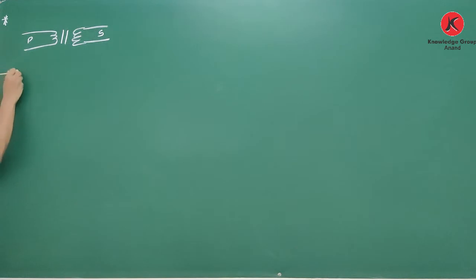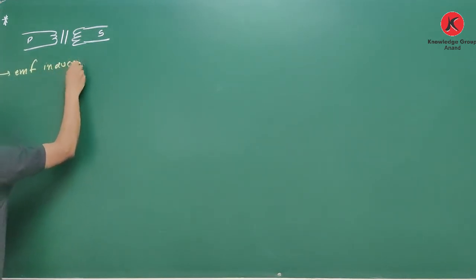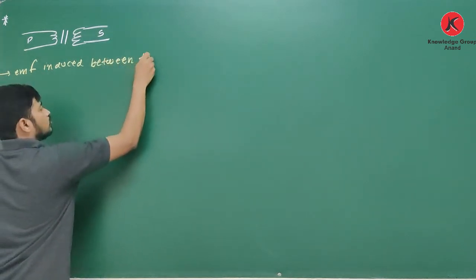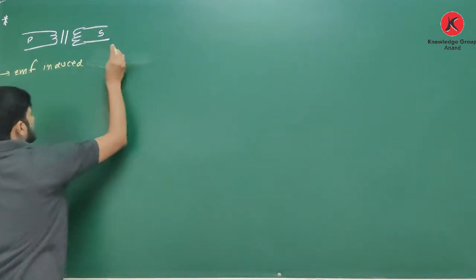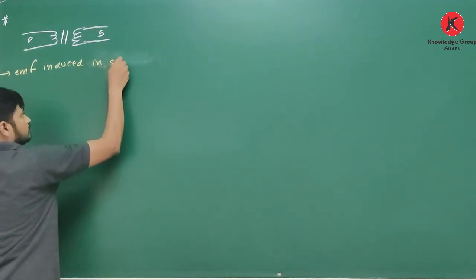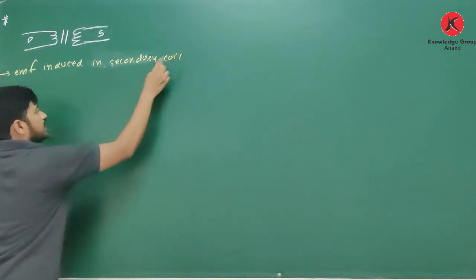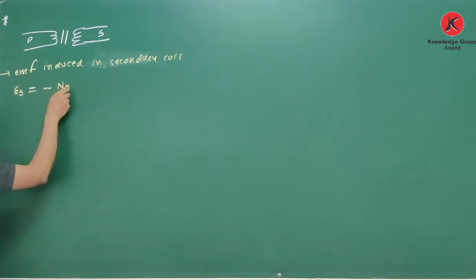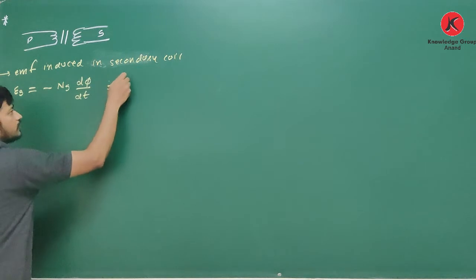Okay. So yes, EMF induced in secondary coil, that is ES is equal to minus NS d phi upon dt, where what is phi?